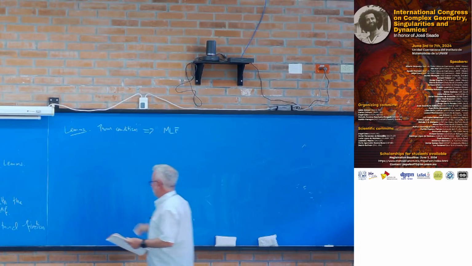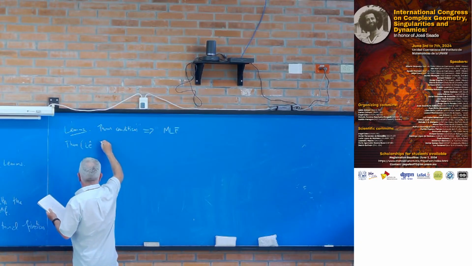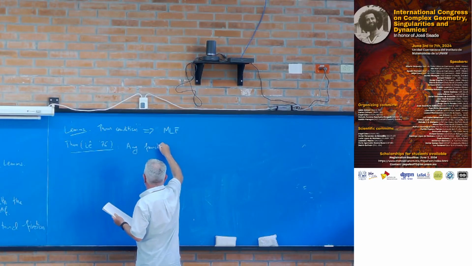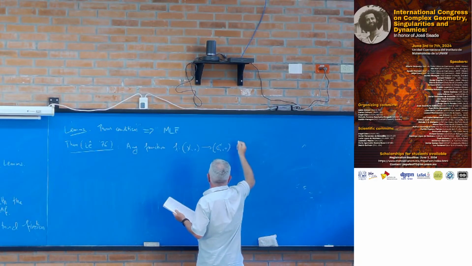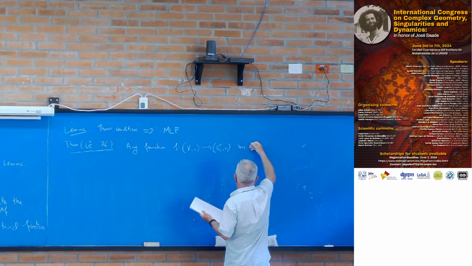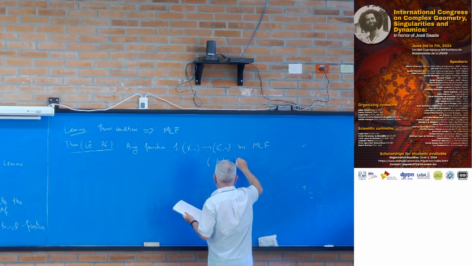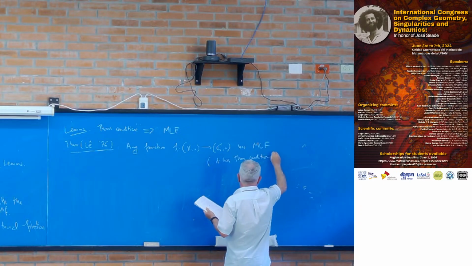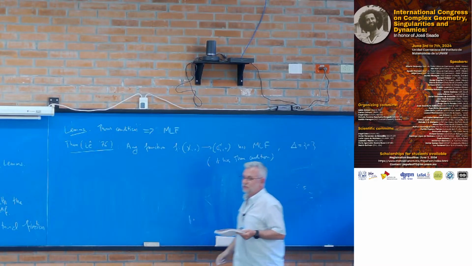In particular, there is a theorem by Lê in '76 that any function has a Milnor-Lê fibration because it has the Thom property, the Thom condition, okay? And in this case, the discriminant is only the origin. So the choice for the discriminant is only the origin in C.